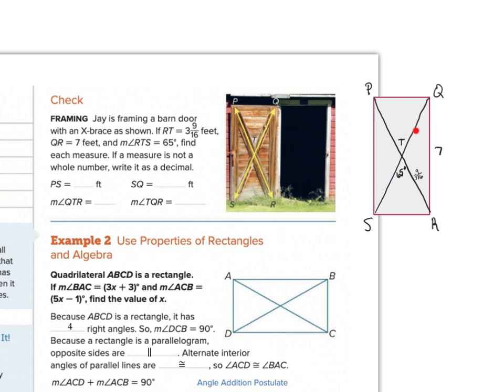I've labeled it according to JS framing a barn door with X braces. RT, this length right here, is 3 9/16 feet. QR is 7 feet. Angle RTS right here is 65 degrees, and it says find the remaining measures.